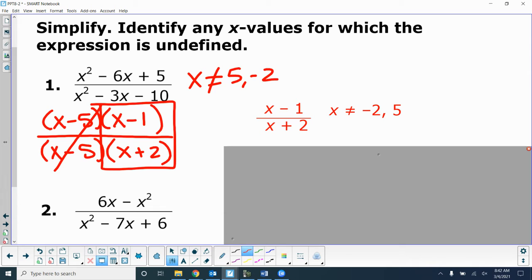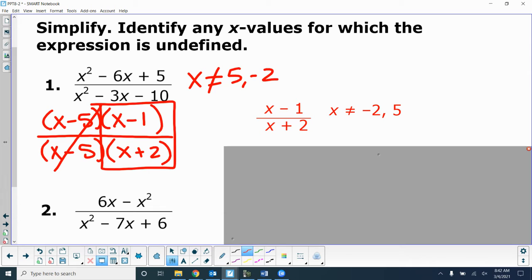You have to look at the original problem. What makes the original problem 0 in the denominator? So +5 would make that part 0. -2 makes that part 0. Oh, I thought we were done with the crossed out part. No, that's still part of the restrictions, because that was your original denominator.